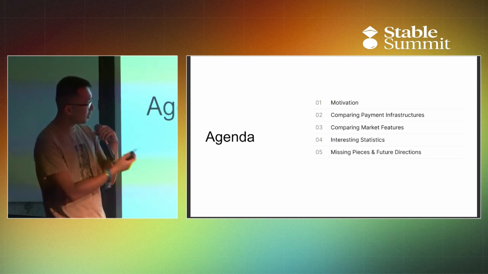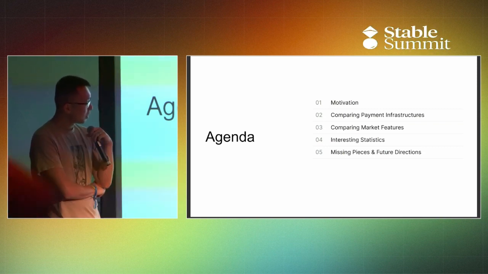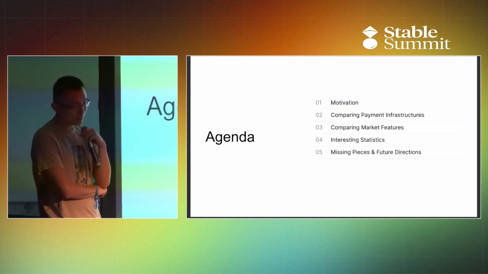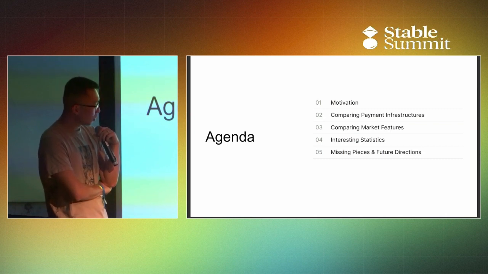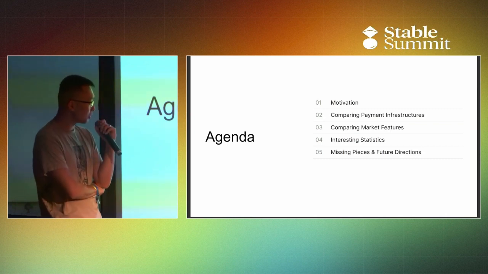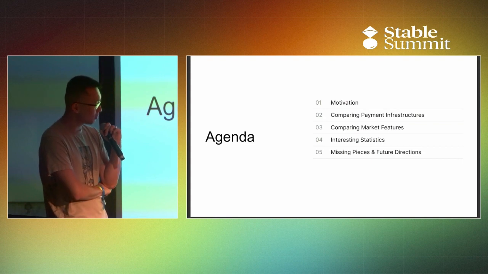Then we're going to compare the payment infrastructure. The third section compares market features, like decentralized trading of FX stablecoins versus the traditional FX market. The fourth is some interesting statistics we want to show, and last is missing pieces and future directions.